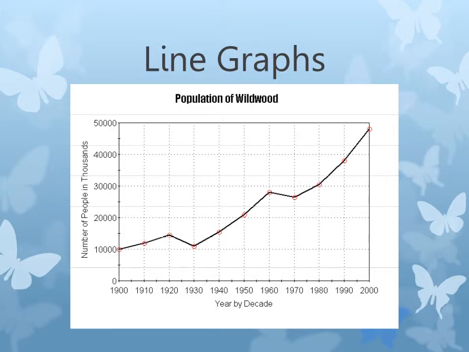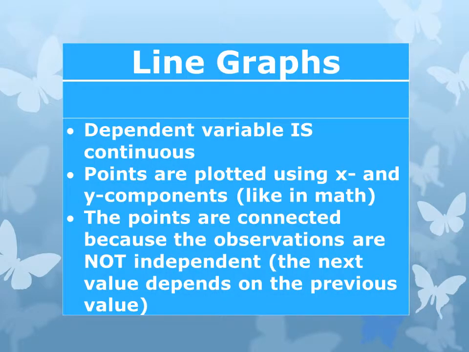A line graph, here's an example. This is not a best fit line. This is just a line graph that's been connected. The dependent variable is continuous. The points are plotted using x and y components like in math. The points are connected because the observations are not independent of each other.